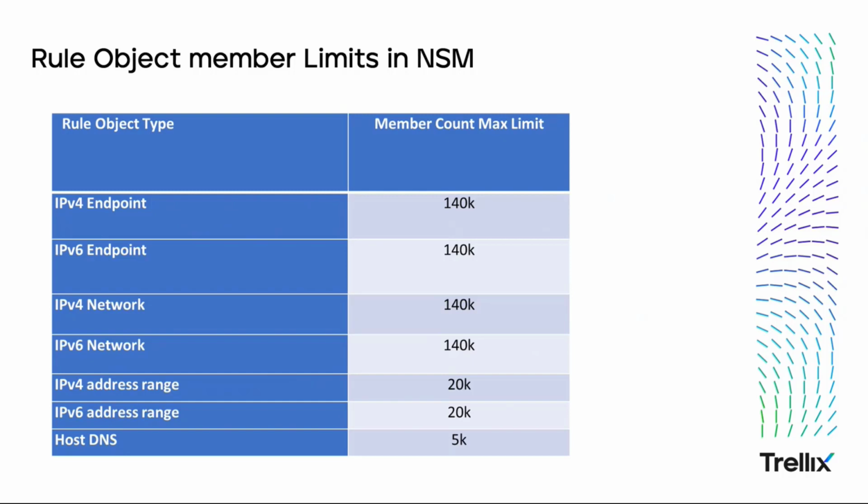For rule object types such as IPv4 network and IPv6 network, it is again 140K. For IPv4 address range and IPv6 address range rule object types, it is 20K. And for host DNS, it is 5K. Going beyond the limits for the corresponding rule object types will not be allowed, and it will pop up an error message accordingly.